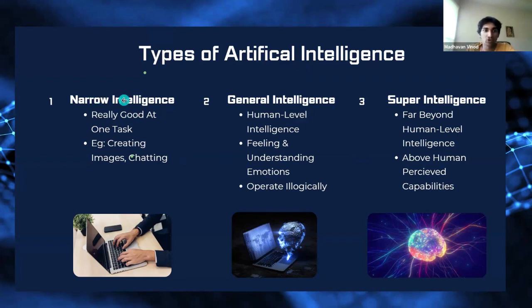When we're talking about artificial narrow intelligence, this is intelligence that can do a very small number of things, but can do them really, really well. ChatGPT, which we went over last time, is a great example of artificial narrow intelligence because it's really just good at chatting.